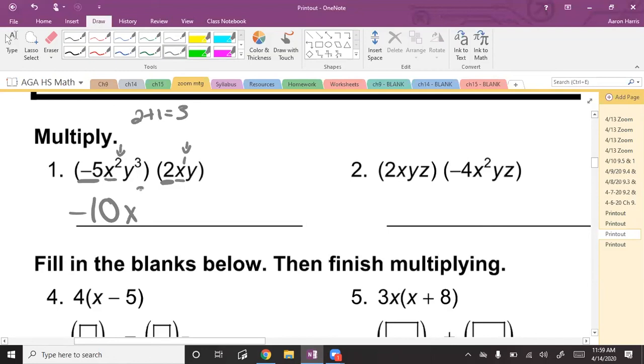Third power. And then I have a y and a y. This is a 3. What's the power over here? 1. So what do I do? You add those, the 3 and the 1, which is a 4. So I get y to the fourth power. That's your answer, correct? -10x cubed y to the fourth.